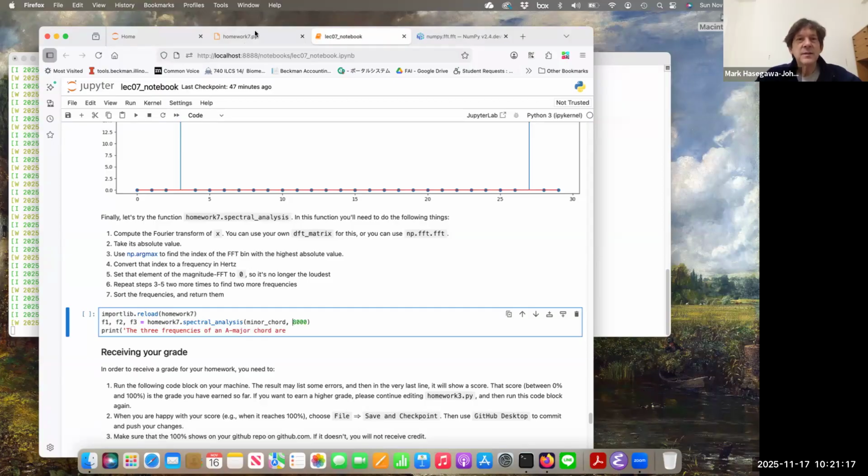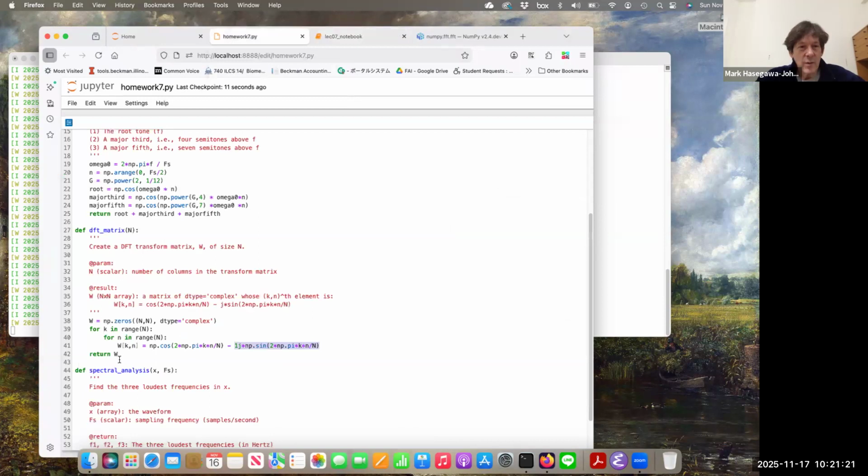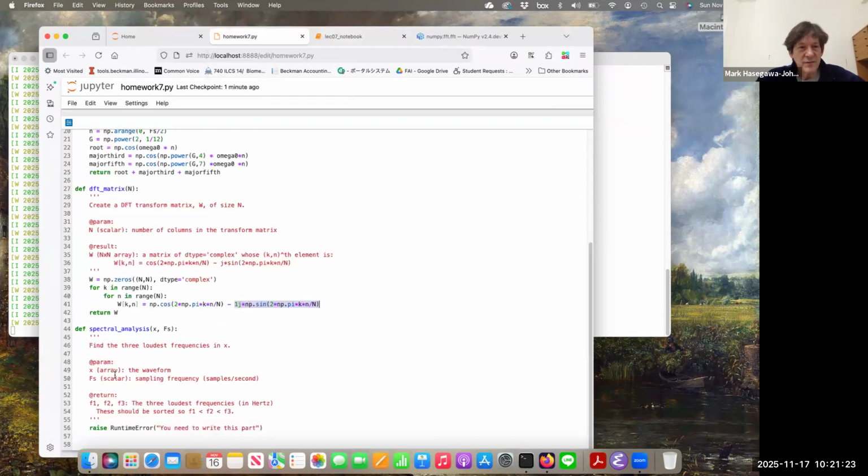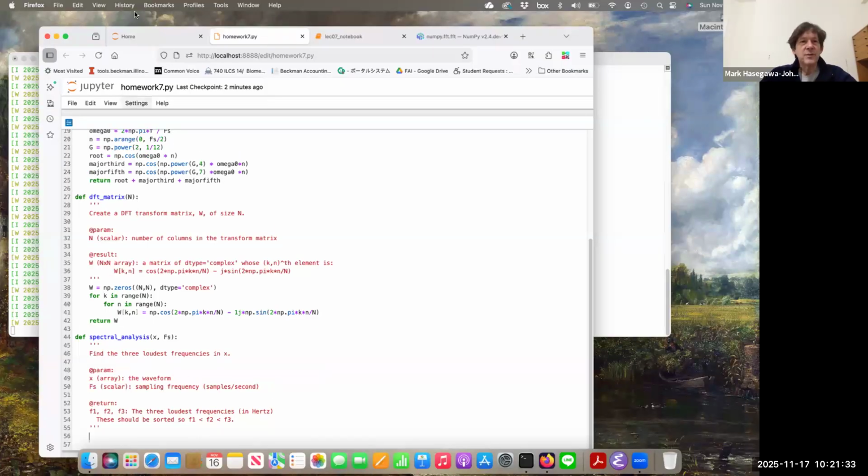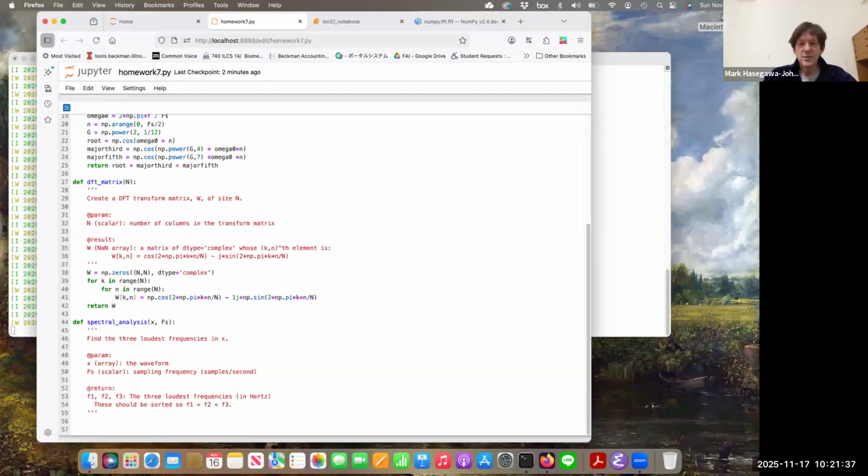All right. So what does spectral analysis do? We want to find the 3 loudest frequencies in x, where x is a waveform and F sub S is its sampling frequency. And so to do that, first of all, we can either use NumPy FFT, or we can use our DFT matrix function. Let's use our DFT matrix function.